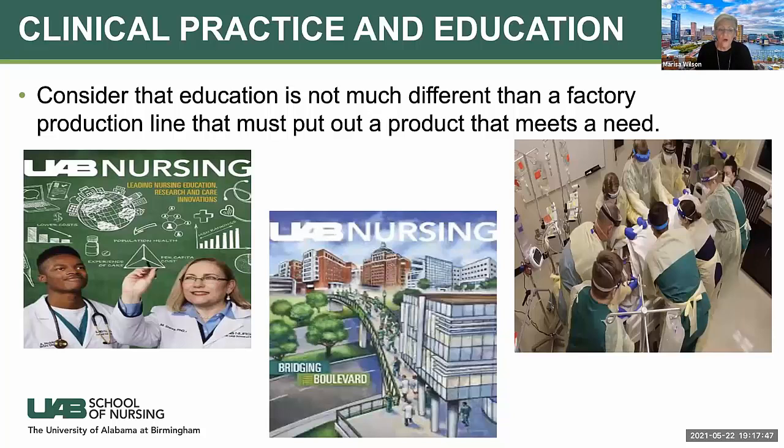So at UAB, we work very hard on the left side, that's our magazine cover, to craft and build and teach and guide and mentor students who can cross that bridge in the middle. And literally, there is a road between the School of Nursing and the hospitals across the street, who can cross that bridge and successfully do what those guys are doing on the right-hand side.